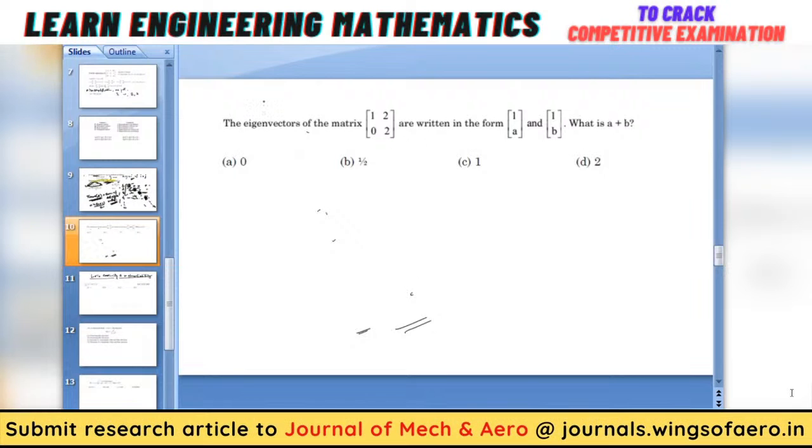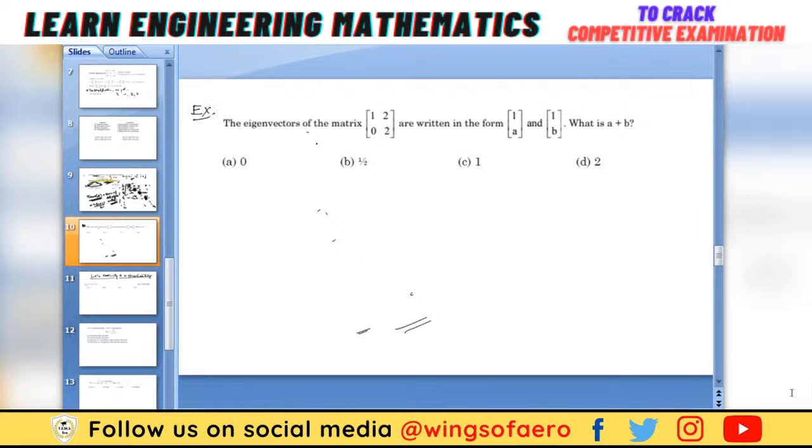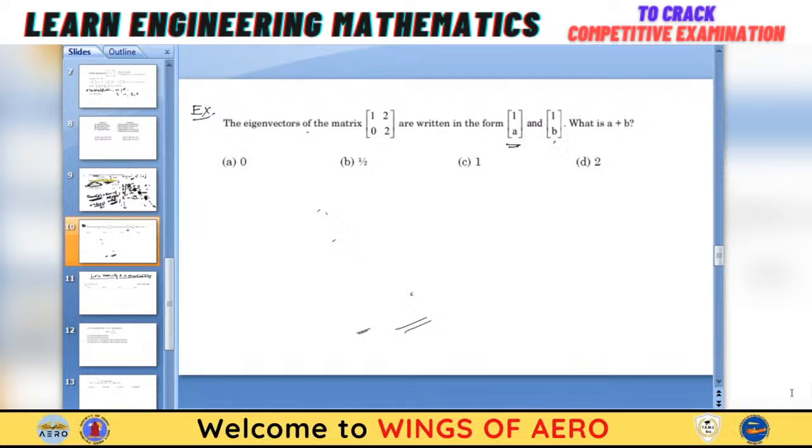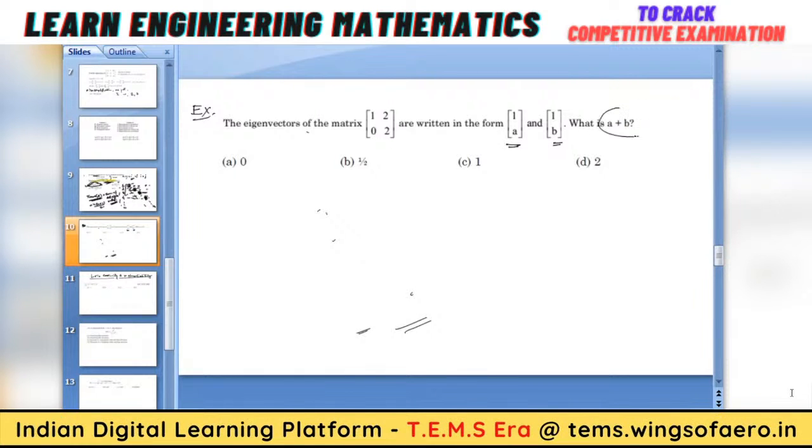Okay. The eigenvectors of the matrix are written in this form, this and this. Then what is the value of A plus B?